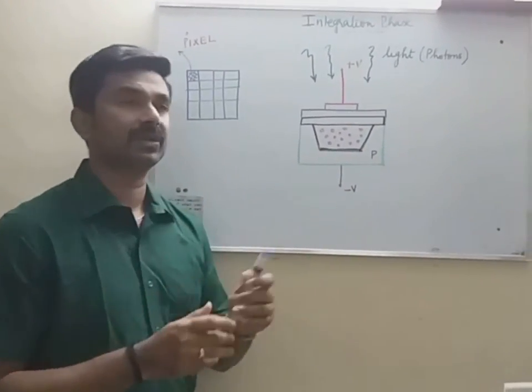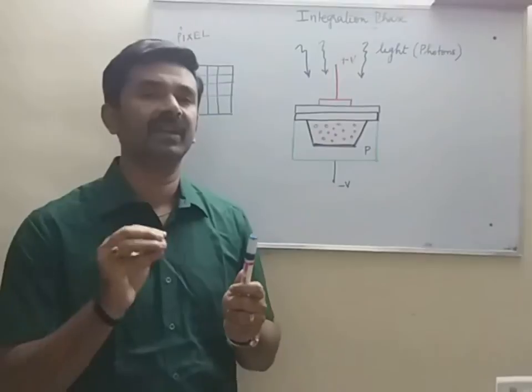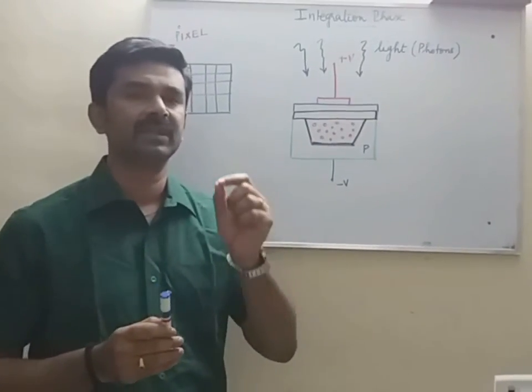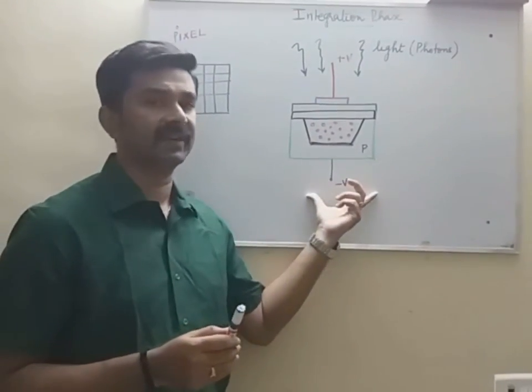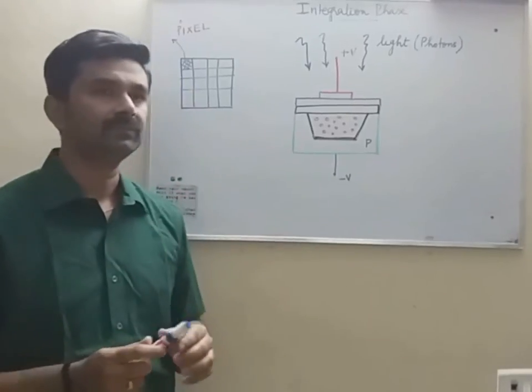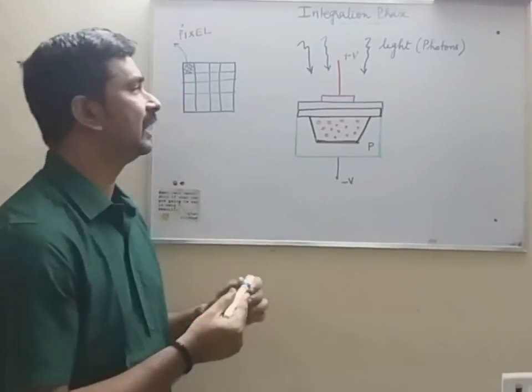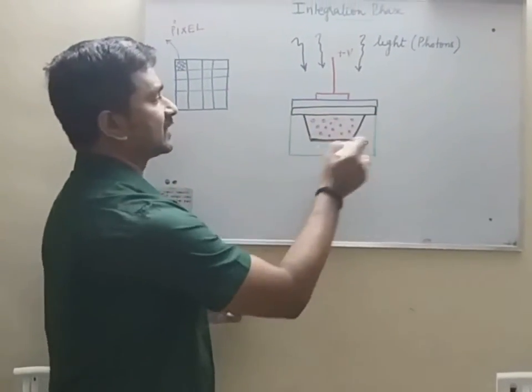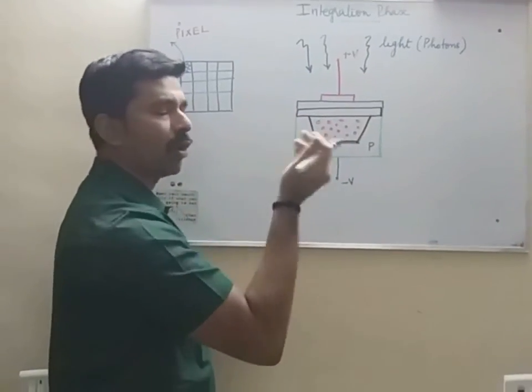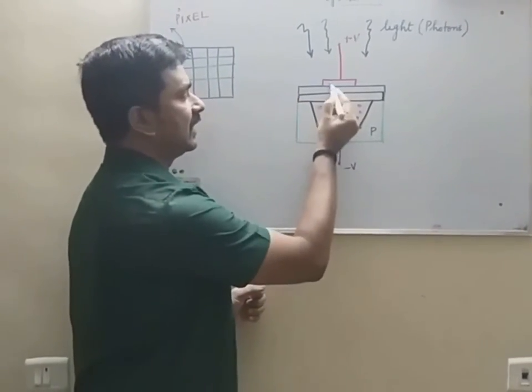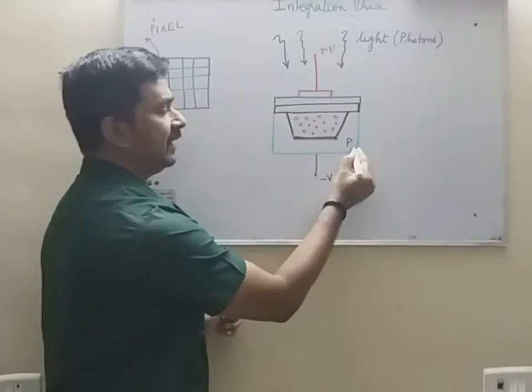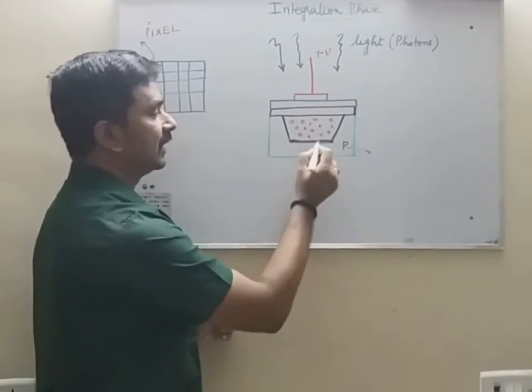Now, in the integration phase, what we really do is we expose the CCD device to light. And what really happens? We will just have a small recap of the structure. This is the P-type silicon substrate.